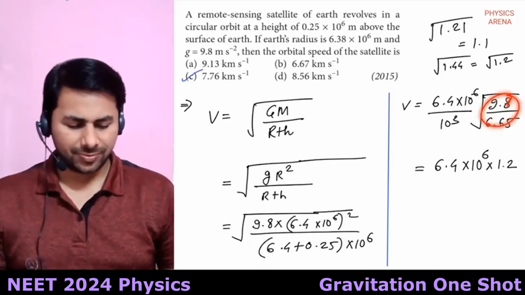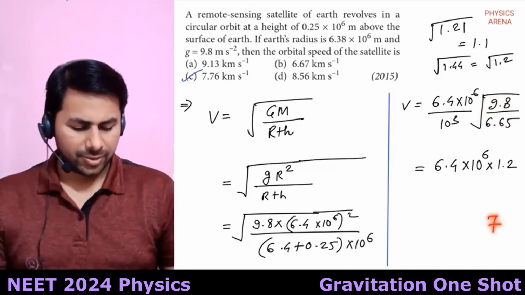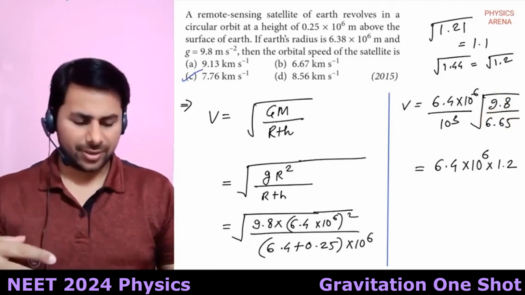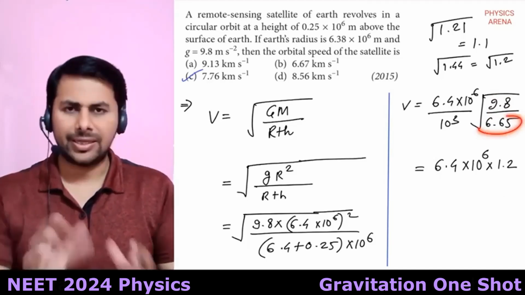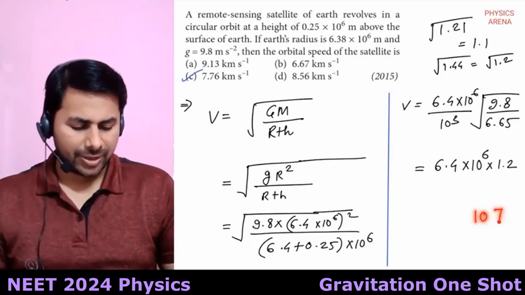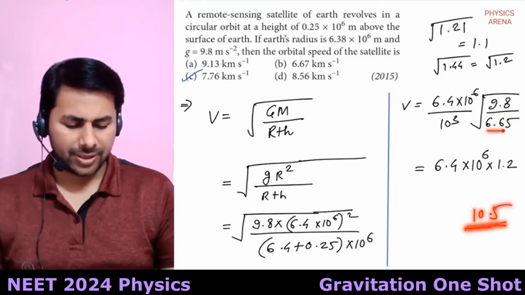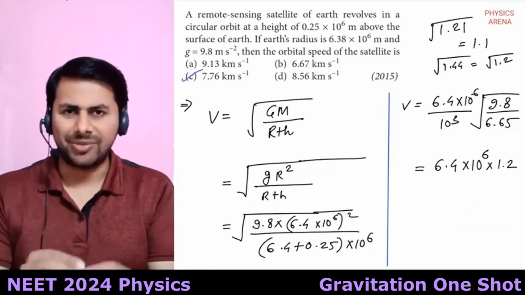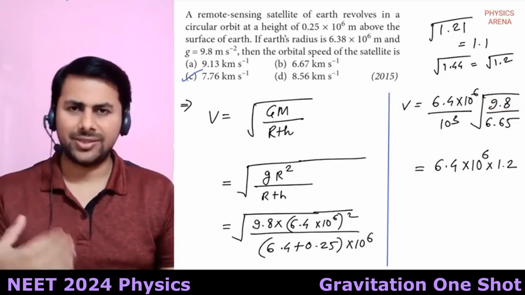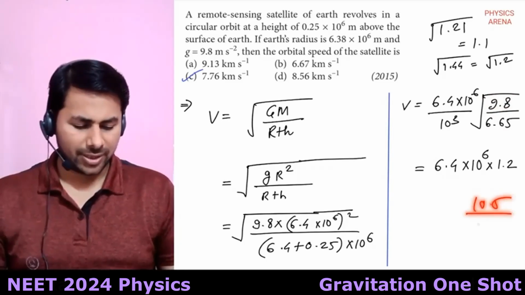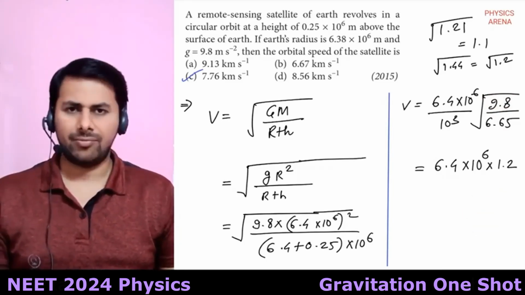This is close to 7 that I have taken, and 7 plus half of 7 is 10.5, right? So I'm increasing this thing by some little amount, and if I increase this also by a little amount, I get 10.5 divided by 7.